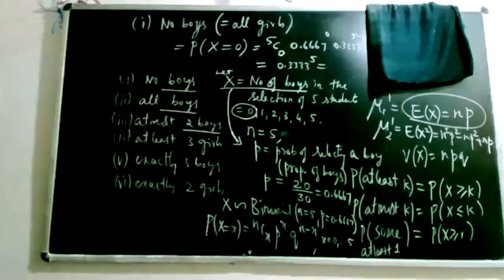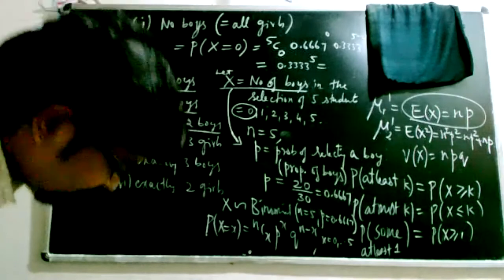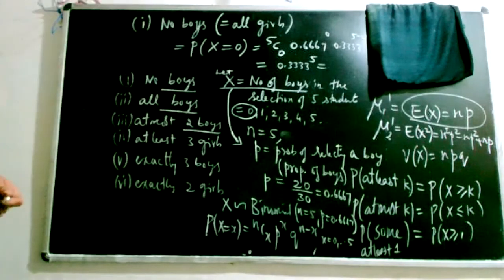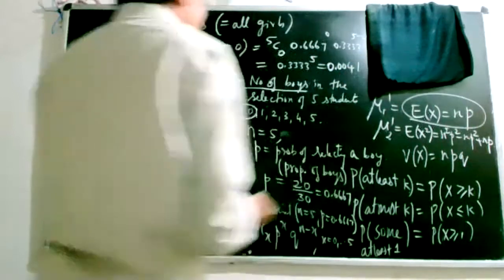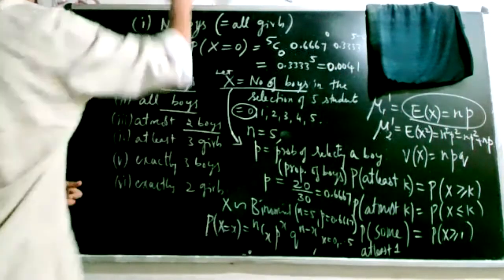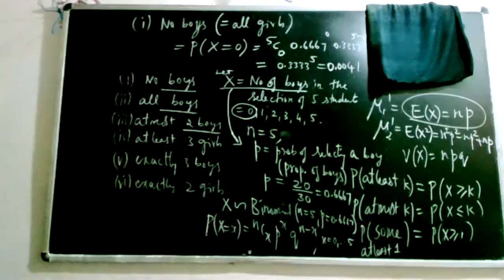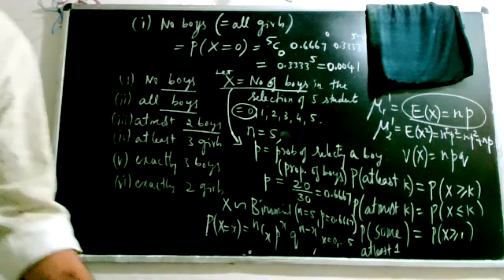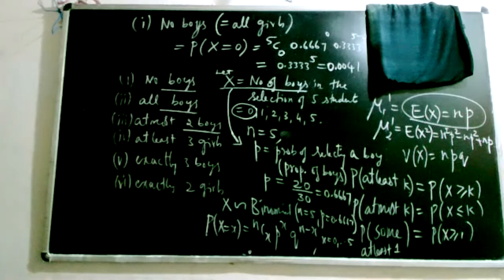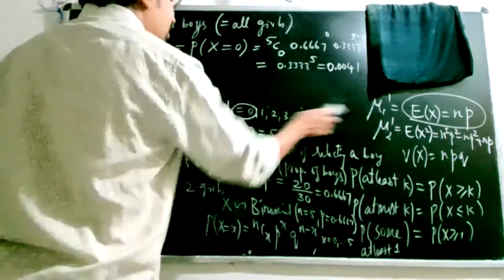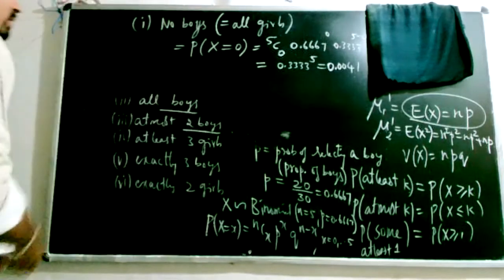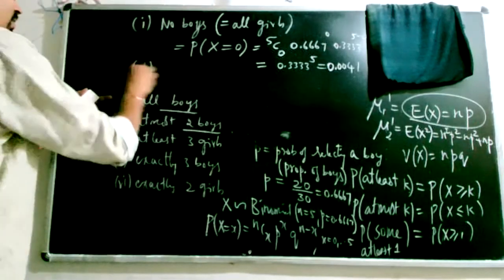Simplify that, and that will fetch you the answer. 0.3333 to the power of 5 is equal to 0.0041. So the probability of observing 0 boys in the team, or no boys in the team, is equal to 0.004.